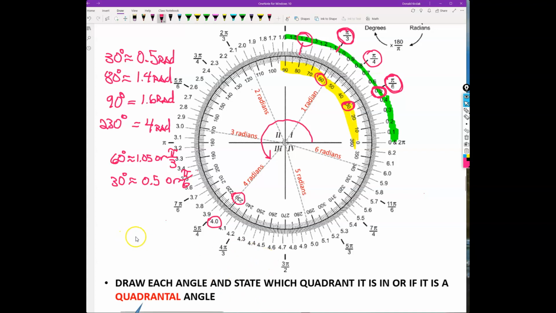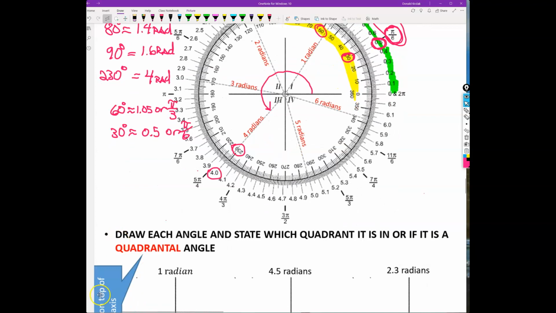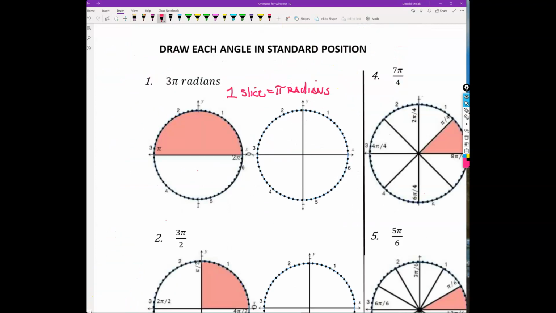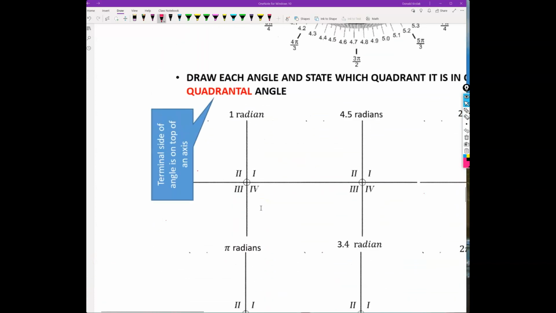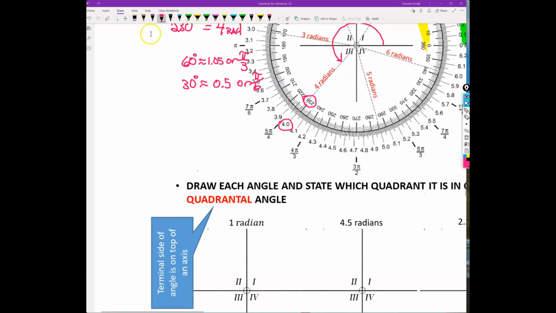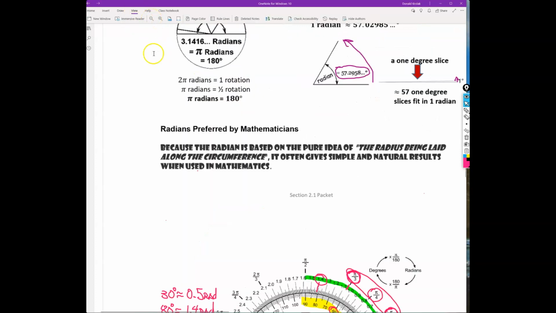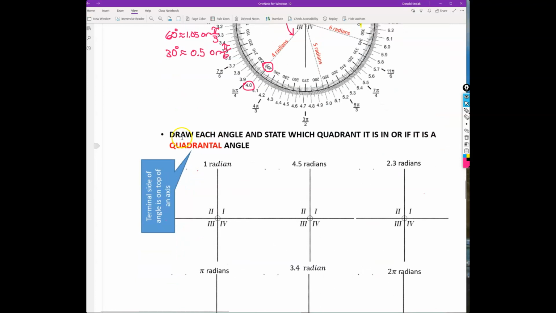All right, so let's talk about where these values come from, instead of using the decimals, these pi over 3s, pi over 4s, etc. So what would it mean if we were going to be drawing these different angles here? If I asked you, draw an angle that is 1 radian.